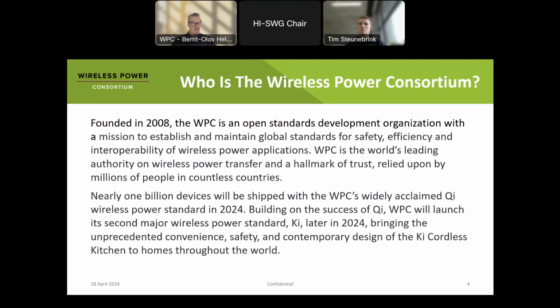Nearly 1 billion devices will be shipped with the WPC's widely acclaimed Qi wireless power standard in 2024. Building on the success of Qi, WPC will launch its second major wireless power standard, Ki, later in 2024, bringing the unprecedented convenience, safety, and contemporary design of Ki Cordless Kitchen to homes throughout the world.